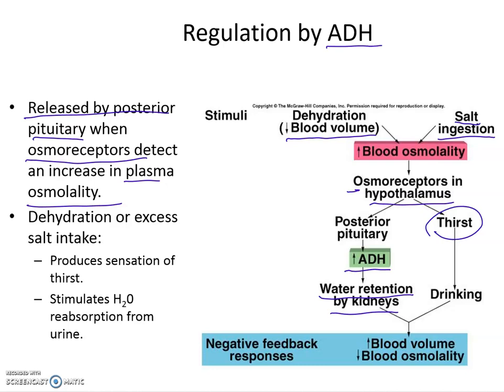It will try to change your behavior, so you feel very thirsty and you're seeking water, and hopefully you can find some water and drink, and all together we're going to increase blood volume and decrease the blood osmolarity. So this is how ADH works. By directly inserting water channels into the collecting duct area of the renal tubules, we're reabsorbing water, and we're also having this feeling of being thirsty.